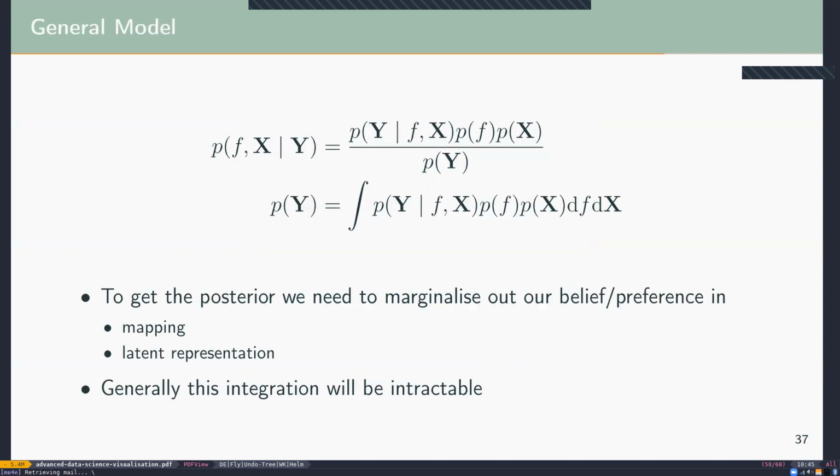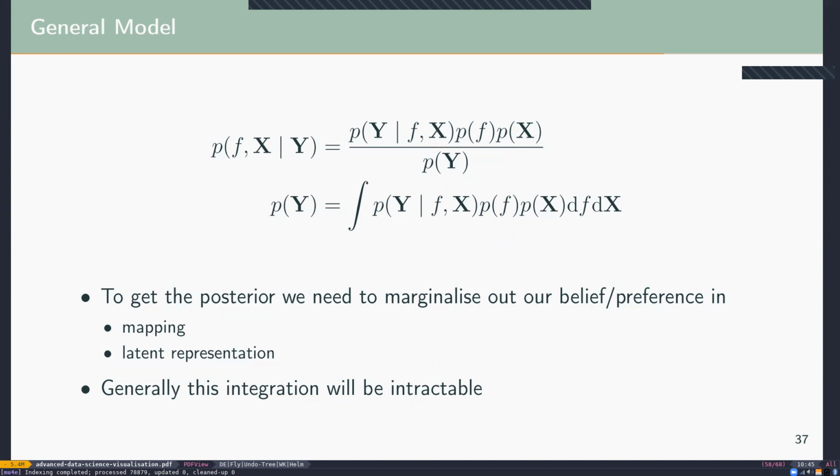So in order to regularize this problem, to be able to find a solution to it, we need to place priors, or beliefs, on what we think are sensible starting points for F and X, right? And you will probably have quite a good idea where I came from and how I traveled here this morning. I probably didn't come from Alabama, and I probably didn't ride a bike from Alabama, right?